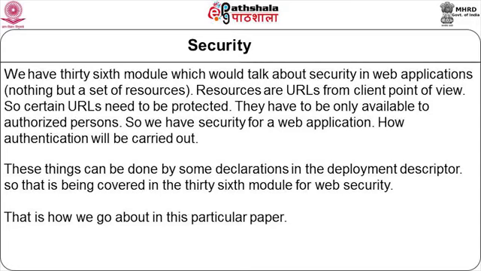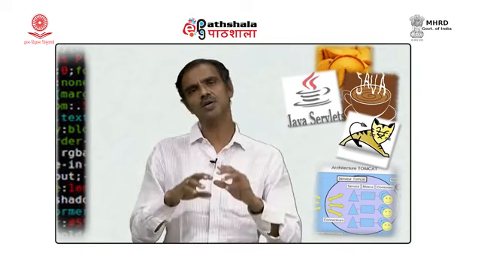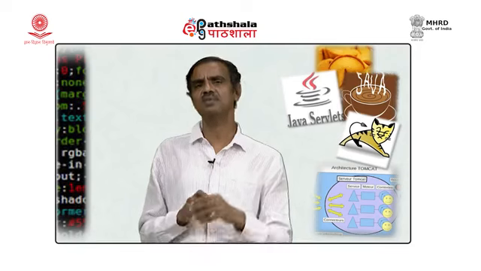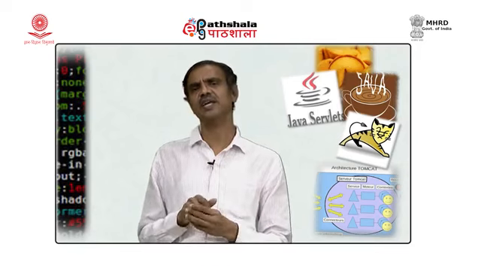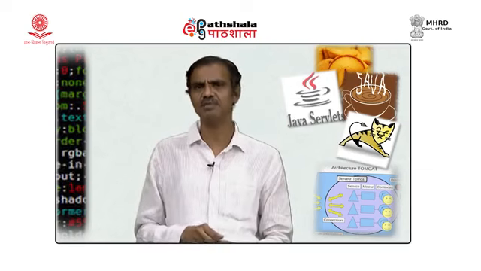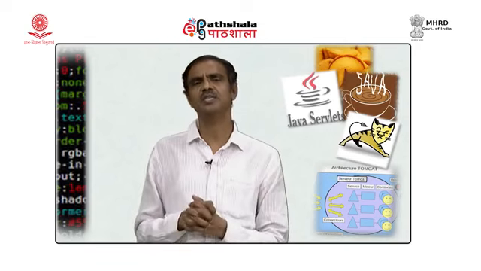From the client point of view, he only knows URLs, everything for him is URLs. Certain URLs need to be protected, and they have to be available only to authorized persons. So, we have security for a web application, and how authentication will be carried out. Those things can easily be done by using just some declarations in a deployment descriptor. That is being covered in our last module, for web security.